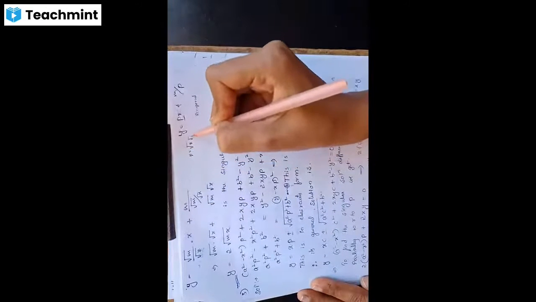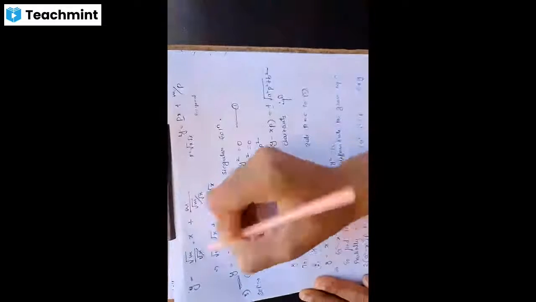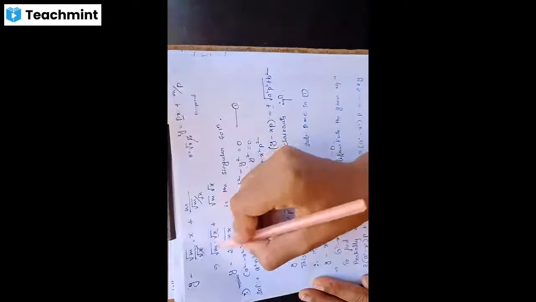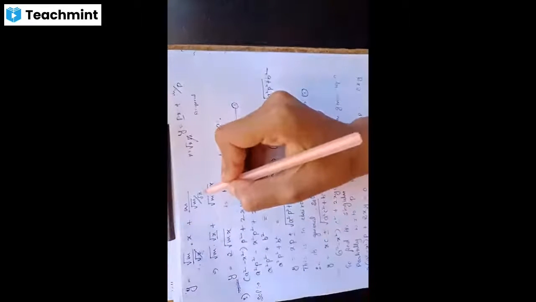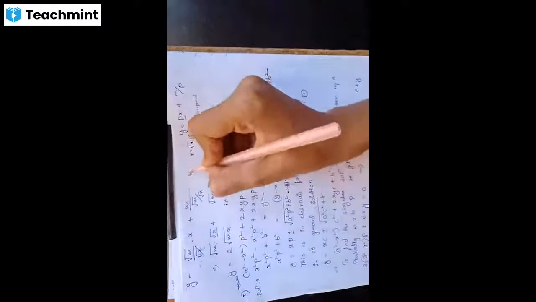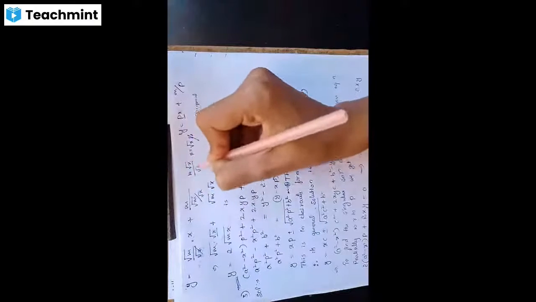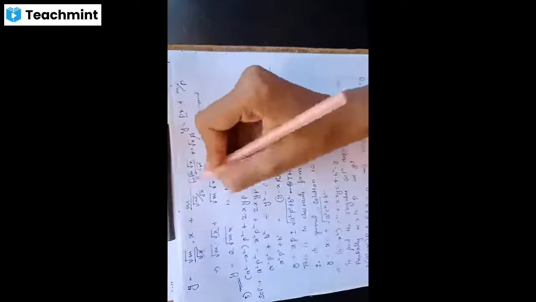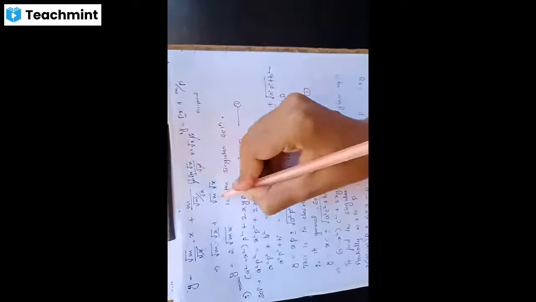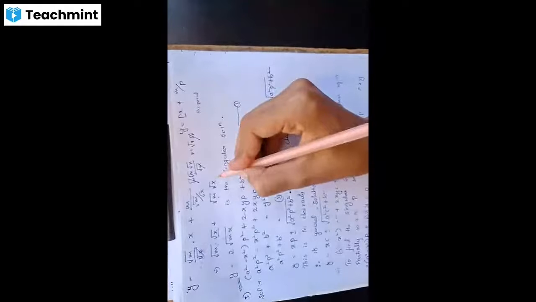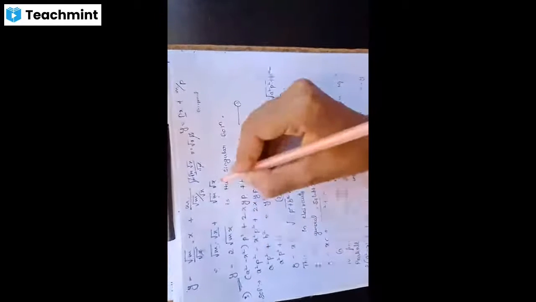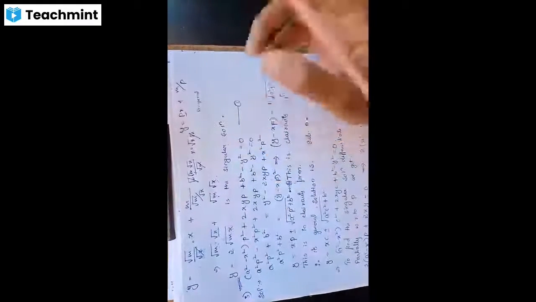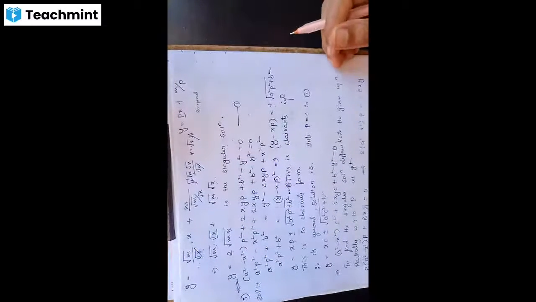So this root x and one root x get cancelled. Remaining is one root x. So root m as it is, plus, if you take the reciprocal of this one, it becomes m into root x divided by root m. So m can be written as root m into root m. One root m gets cancelled. Remaining is root m into root x. So this root m into x and this root m into x make 2 root(mx). This is our required singular solution of the equation.